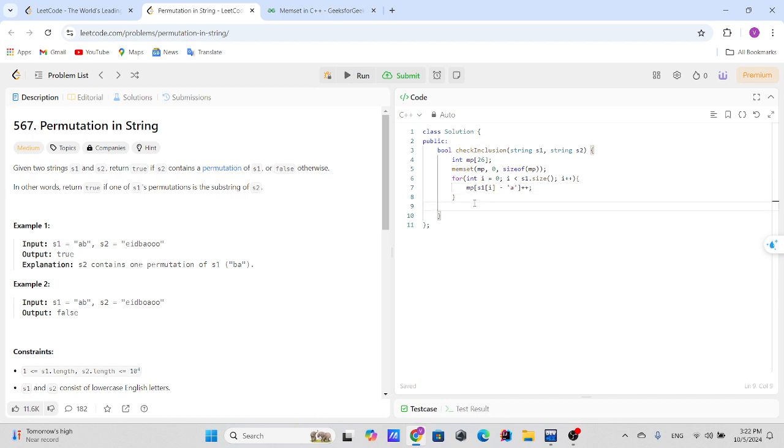Okay. And now for s2. s2.size(). An int temporary array of 26 will be equal to the map.